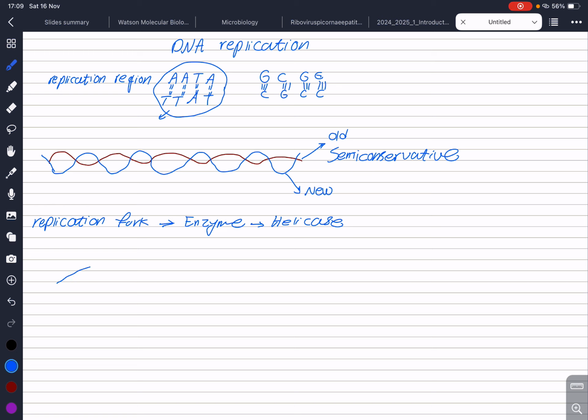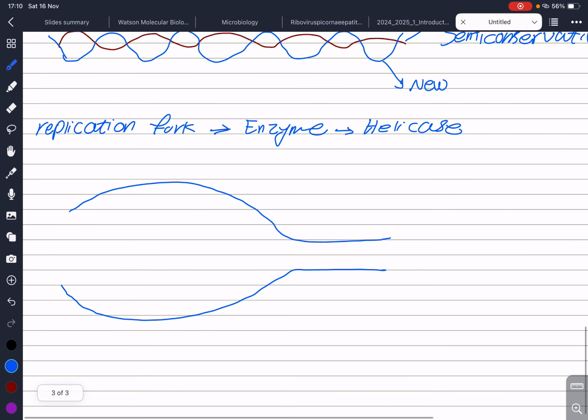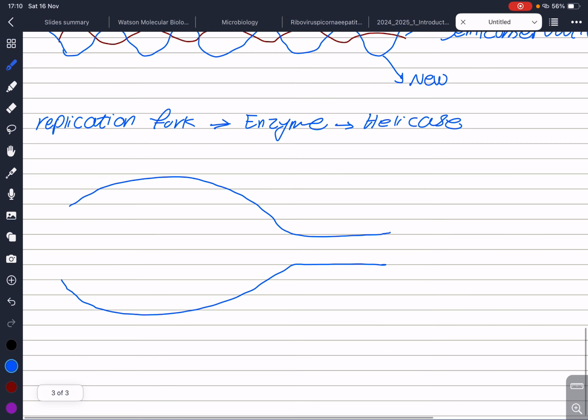So we'll have something like this. These are the 2 strands that were broken, and in this part the helicase is still processing, breaking the hydrogen bonds. Here they were broken.